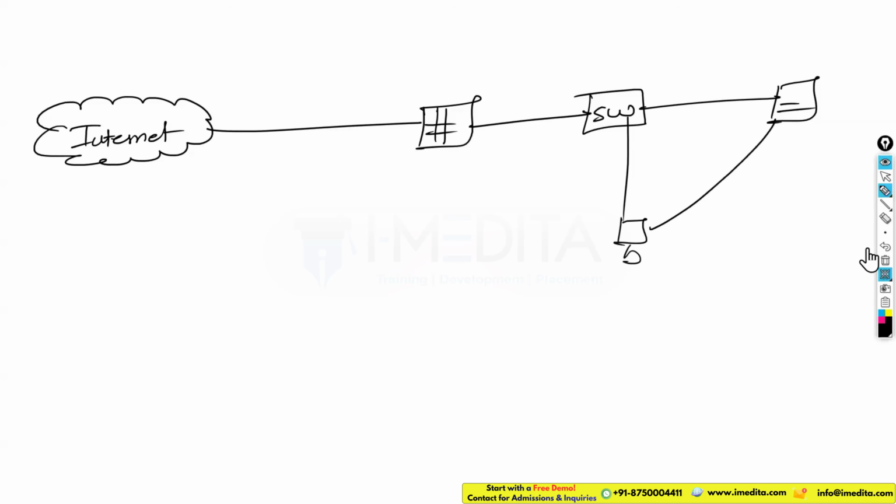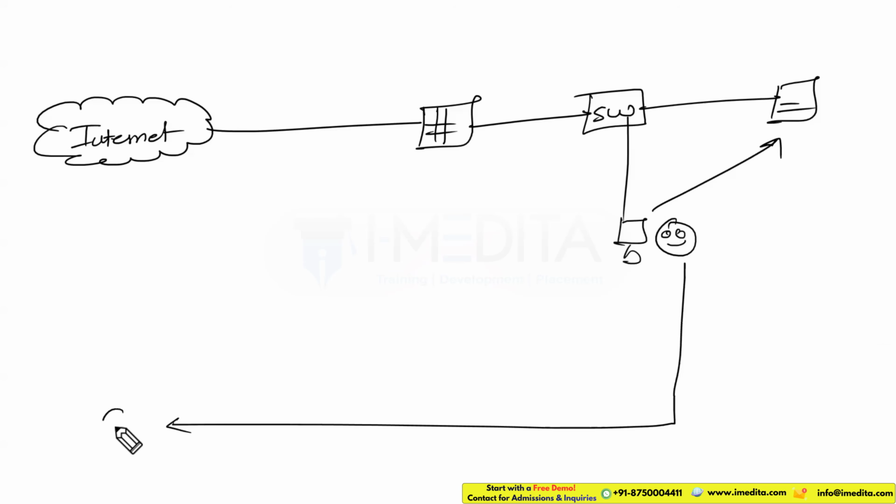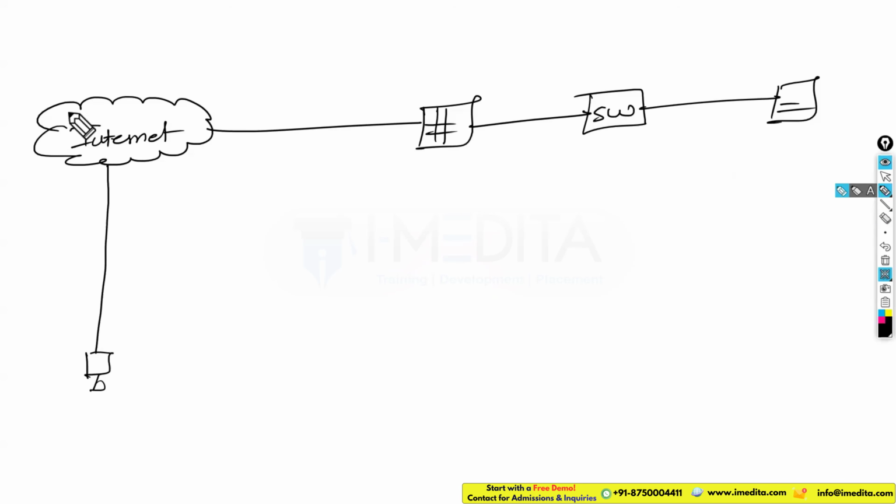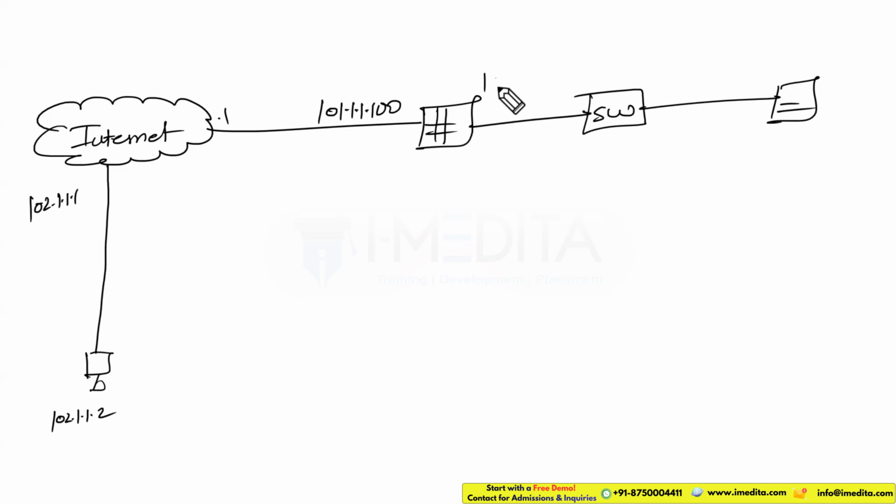The user can access internal resources easily when he or she is in the company premises. But now the user is at home with a laptop or desktop connected to the internet. In this case, the user has a public IP, and the private network has private IPs.